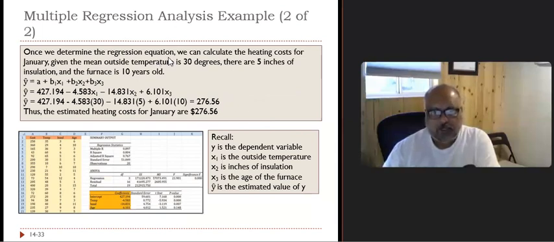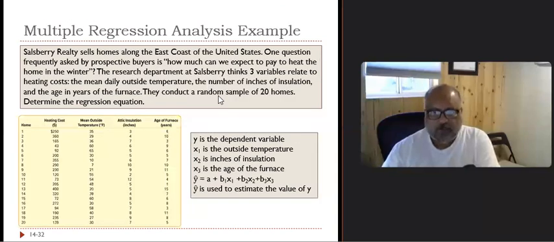Here's another example, a pretty interesting example. It says Salisbury Realty sells homes along the east coast of the United States. One question frequently asked by prospective buyers is how much they can expect to pay to heat the home in the winter.